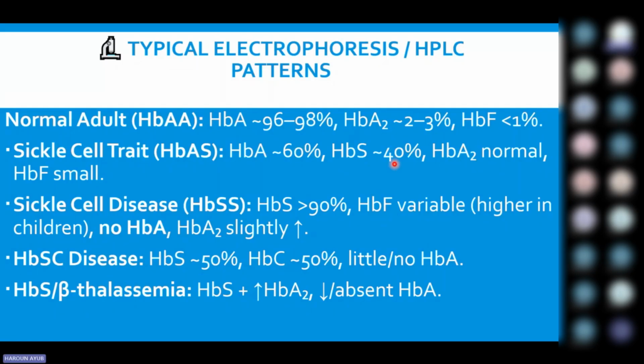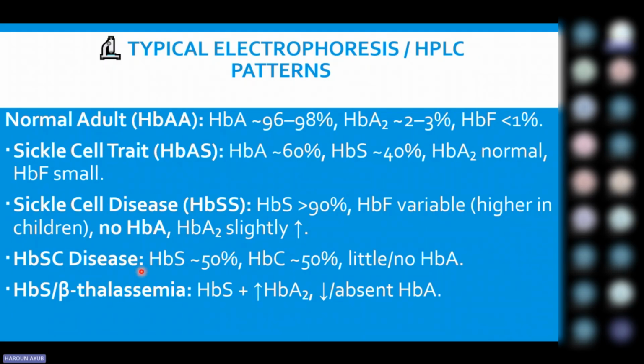In sickle cell disease, the highest representation is HbS, greater than 90%, while HbF is variable in children, no HbA, and HbA2 slightly up. Complete absence of HbA refers to the patient as HbSS.